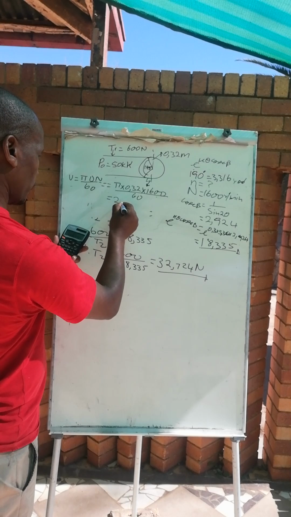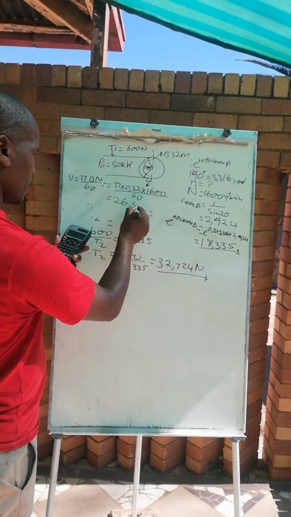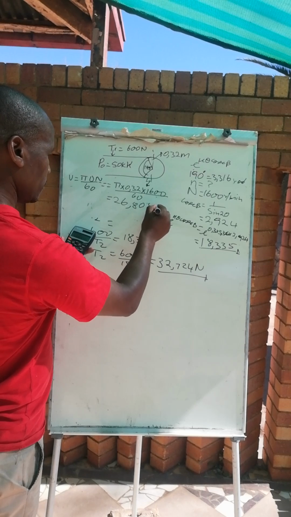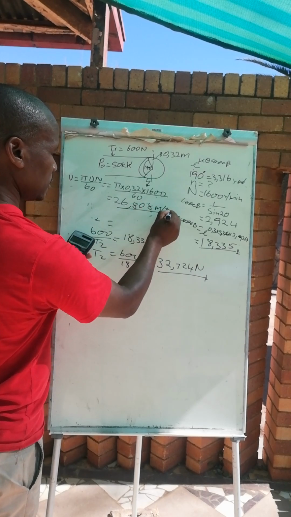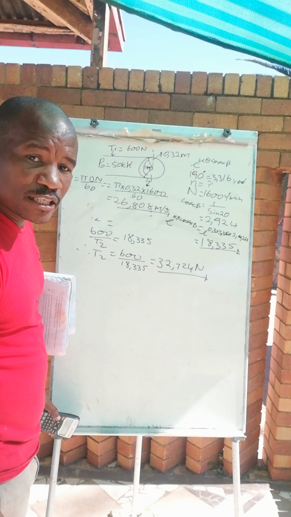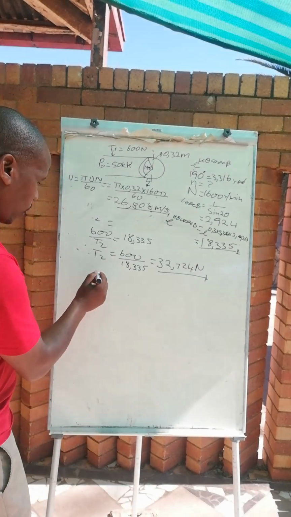We get 26.808 meters per second. And it's equal to what?